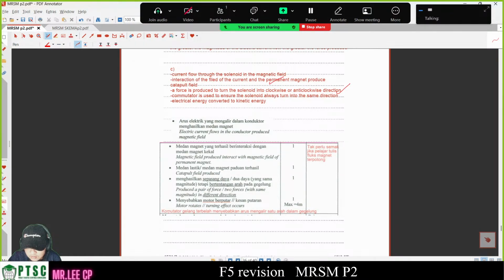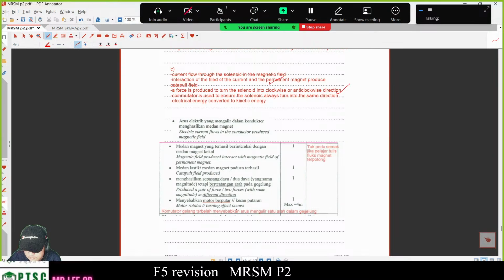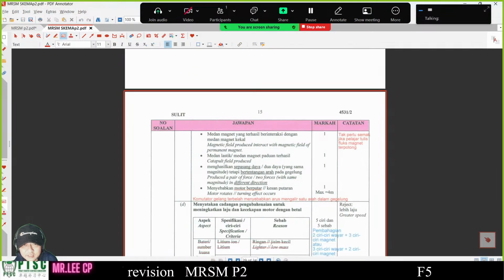So now the commutator. See here more clear.